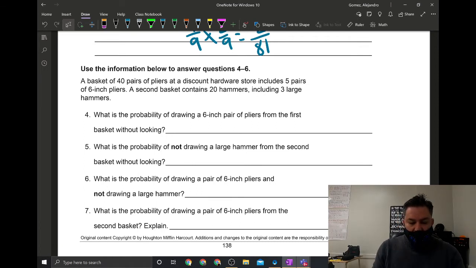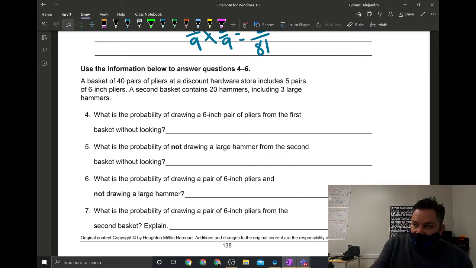It says a basket of 40 pliers at a discount hardware store includes 5 pairs of 6-inch pliers.